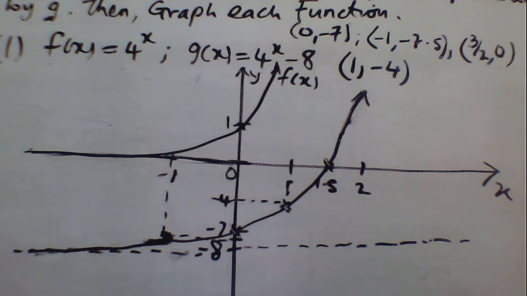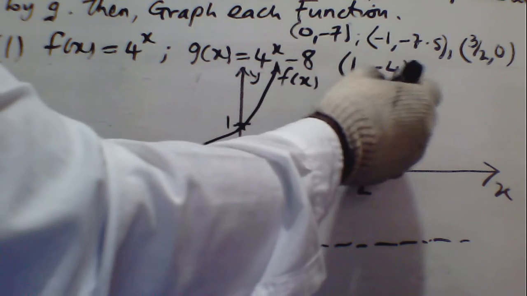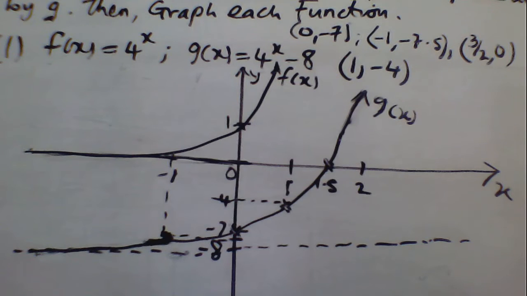What do you understand about an asymptote? An asymptote is a line that a curve approaches but never touches or crosses. So this is g of x. This is how you can graph the function f of x equals 4 raised to power x, with the transformation g of x equals 4 raised to power x minus 8. This is the graph. Do you have any question?